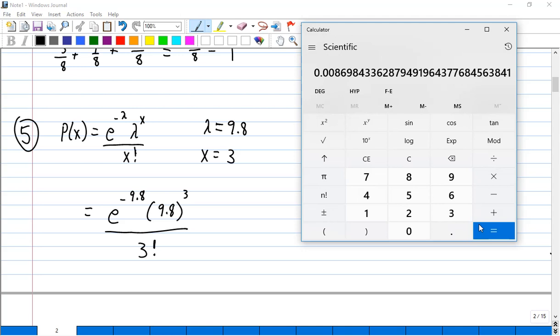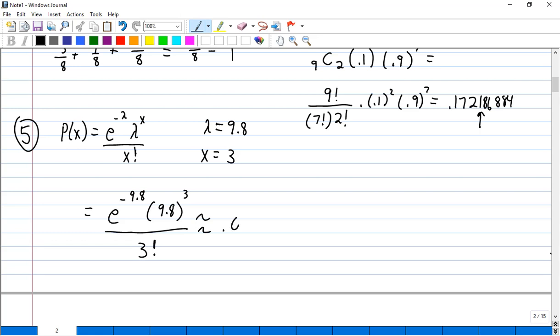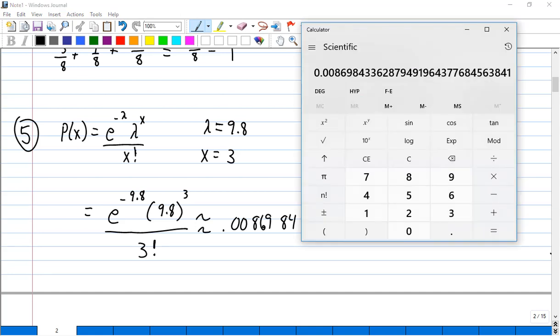So I'm going to write this out to a couple digits, and then I'll round however it wants me to round. So that was 0.008698434. And it was actually 8433, but whenever I did it in one of my scientific calculators, it stopped right there.